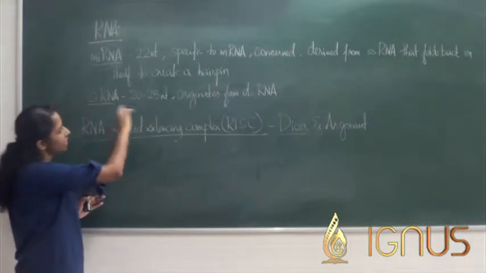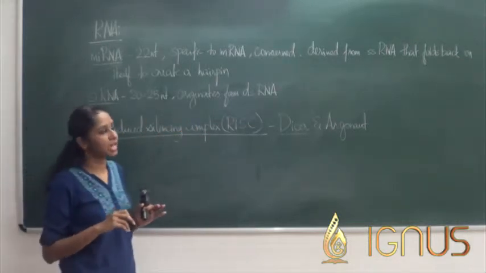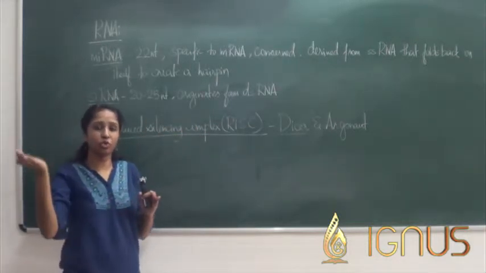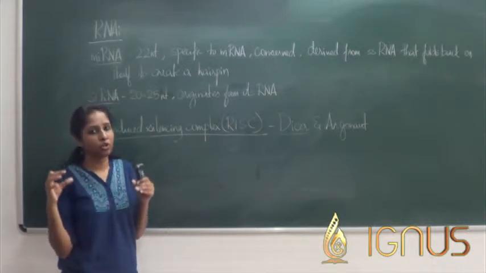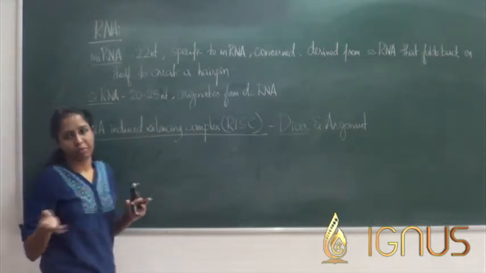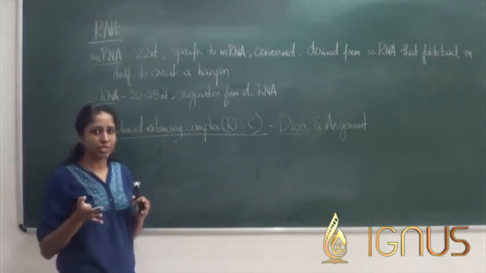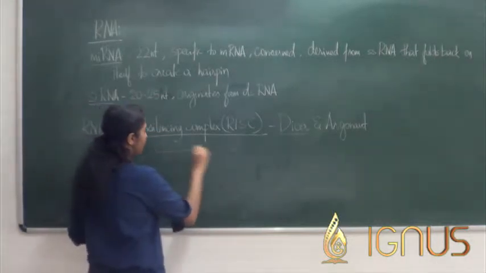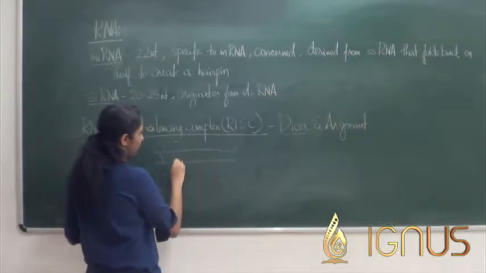So miRNA is created from a single-stranded RNA which is going to loop on itself, so it's going to look like a double-stranded RNA. siRNA originates from double-stranded RNA, so either way it is double-stranded RNA. So you have double-stranded RNA to start off with.